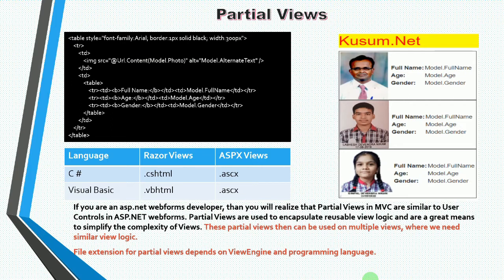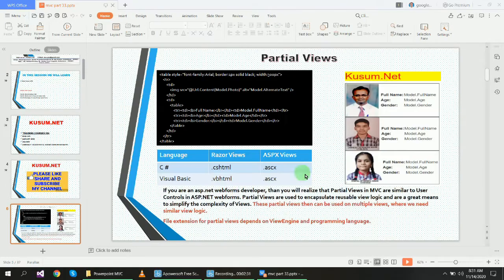Partial views are used to encapsulate reusable view logic and are a great means to simplify the complexity of views. Once you make a partial view, you can use it in more than one place, in any view of the shared files. So these partial views can be used on multiple views where we need similar view logic.